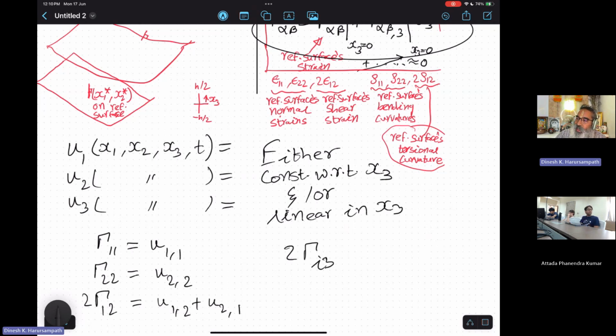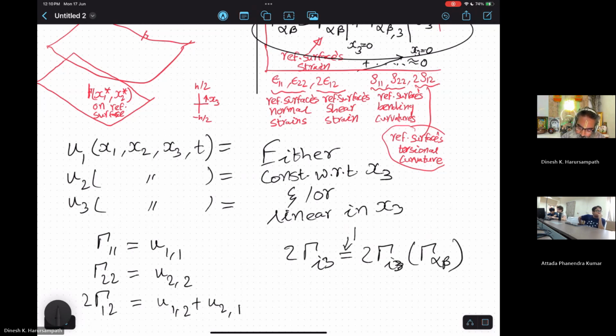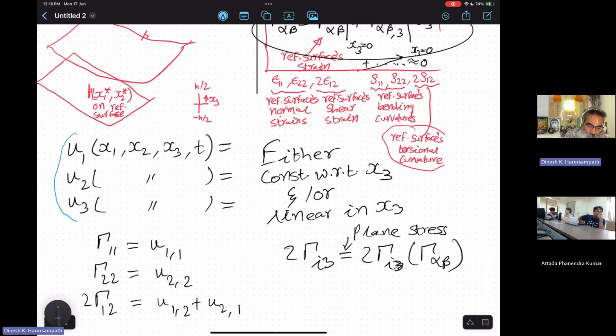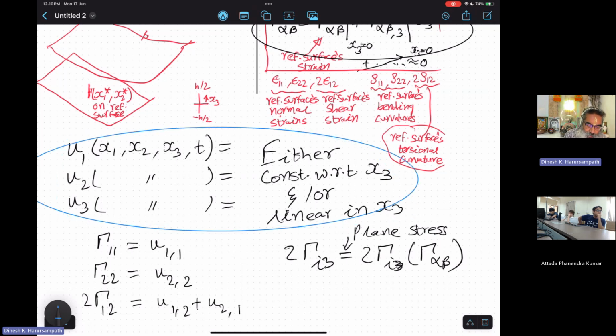And because of the plane stress assumption, they're all functions of. So what happens is this particular thing over here, this displacement field, whether you assume constant, linear, quadratic, whatever, different theories assume different things, that is going to lead to some assumptions about the mid-plane or in-plane or reference surface strains, right?